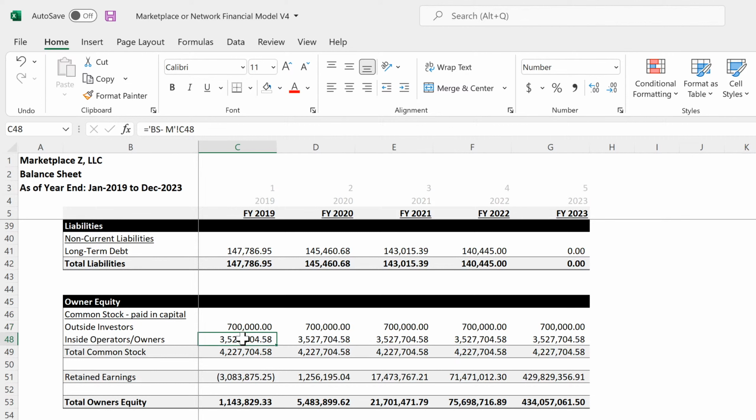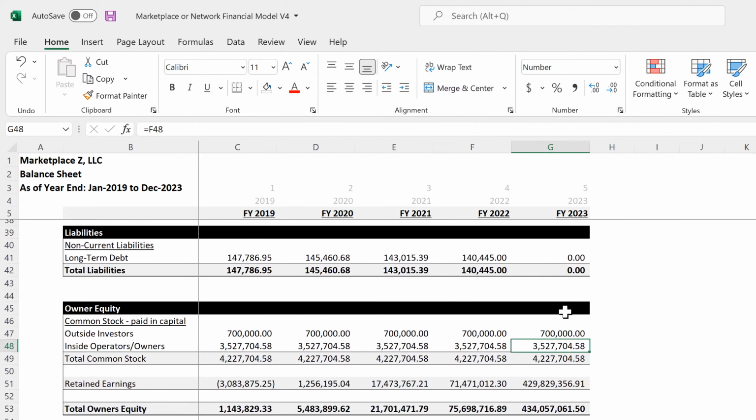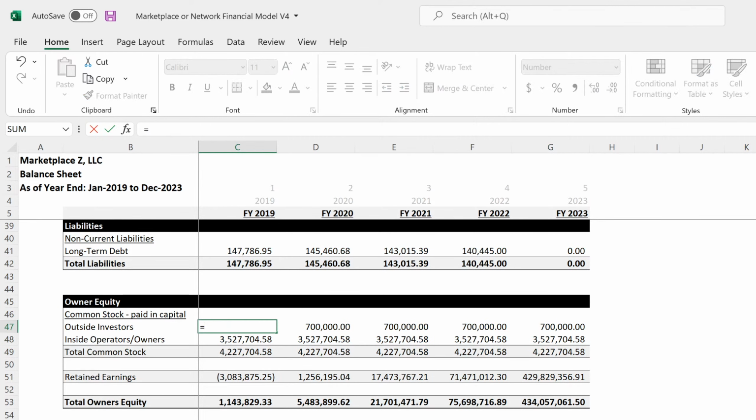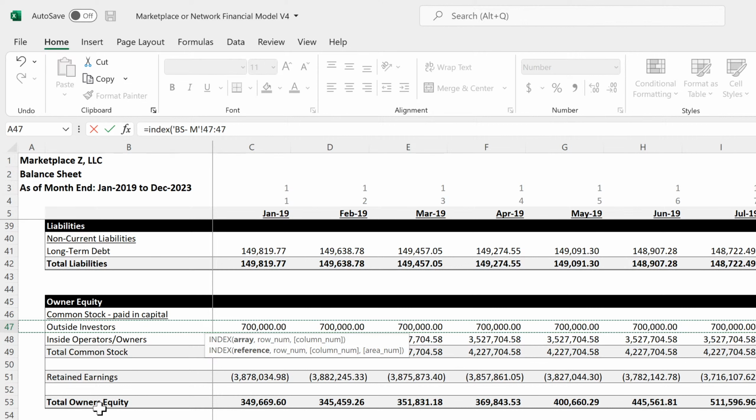So this is, let's see, how are we going to do this? Okay, we'll just do sum ifs. No, we can't do a sum ifs. Index. We want just to pull the number on the last month of each year. So index, whatever this is on the end month of the year.